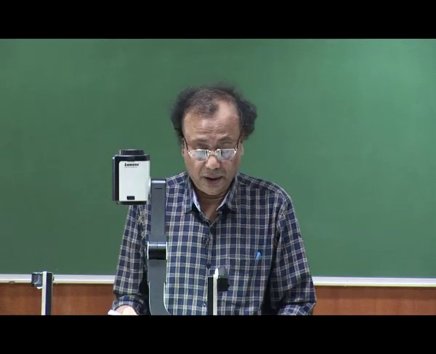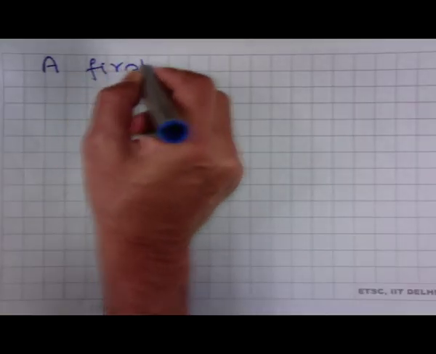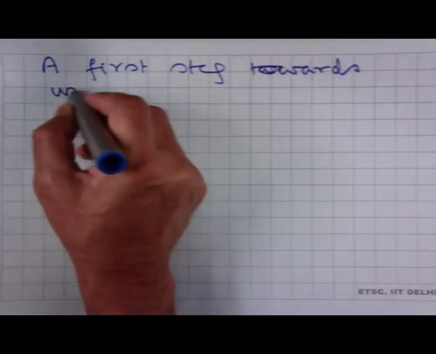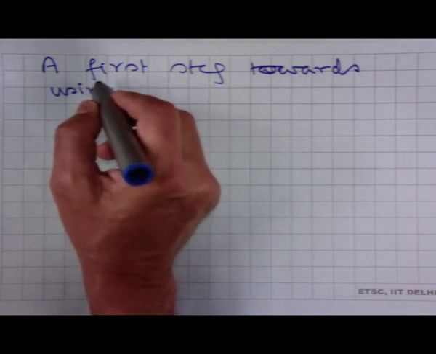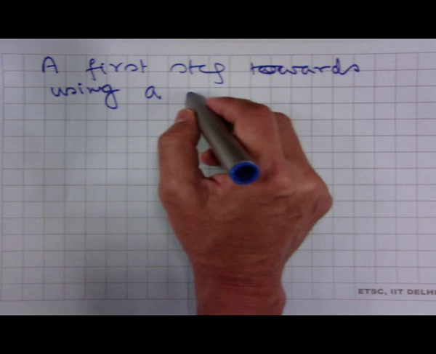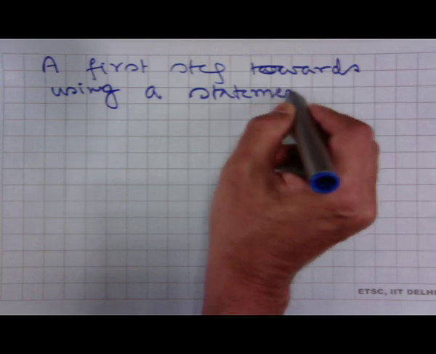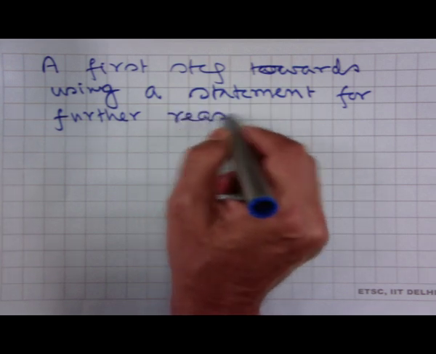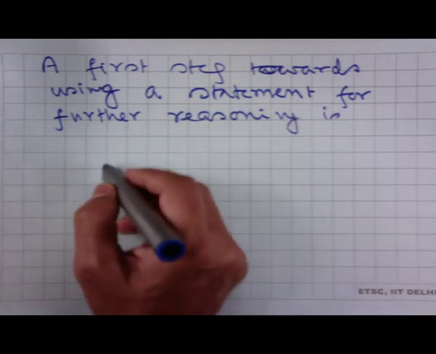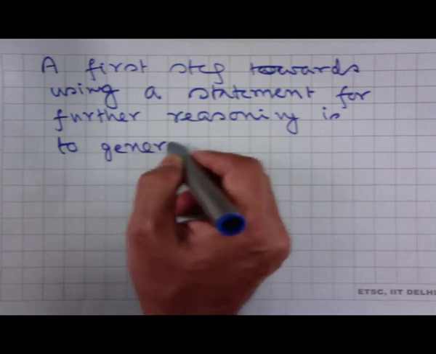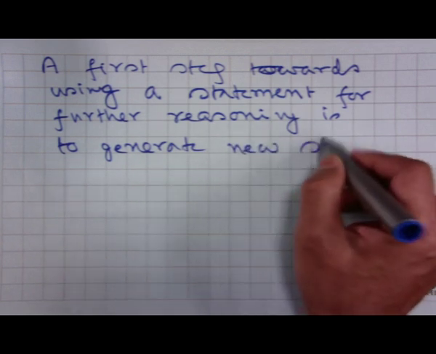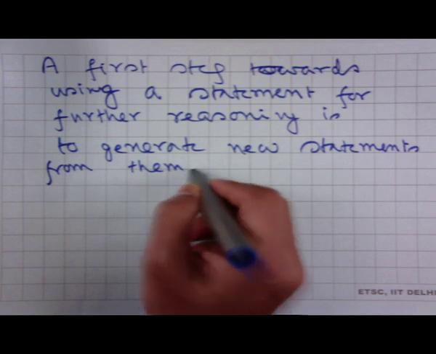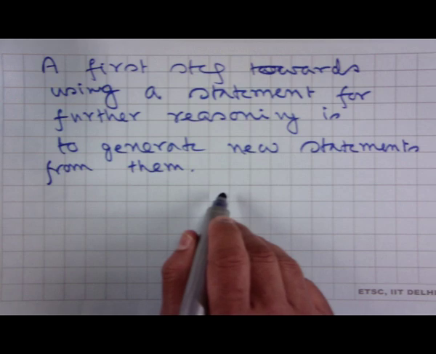otherwise we can subject it to subsequent reasoning. Now, a first step towards using a sentence, a statement, for further reasoning is to generate new statements, given a statement which is either true or false.